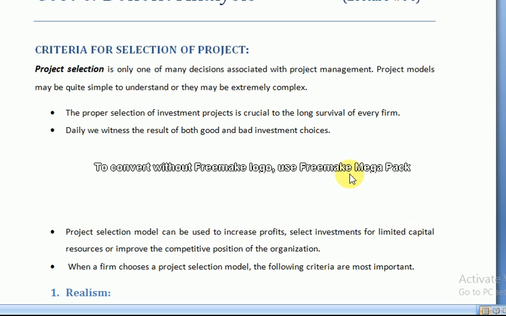Now the sixth point in the project selection criteria is improvements to key business metrics. Let us use healthcare as an example.